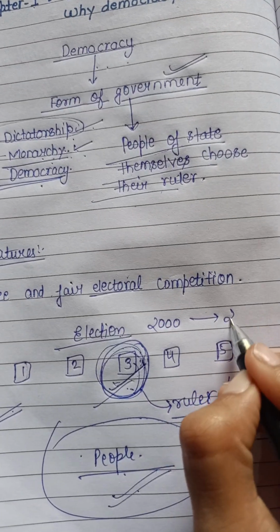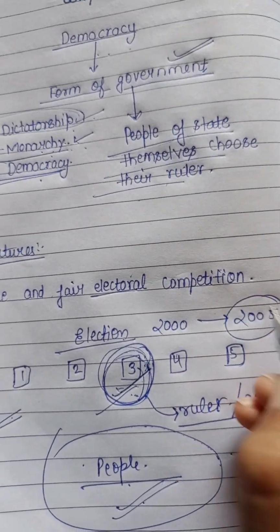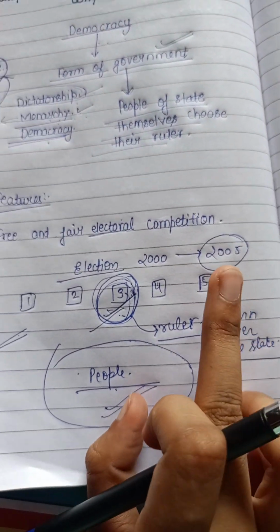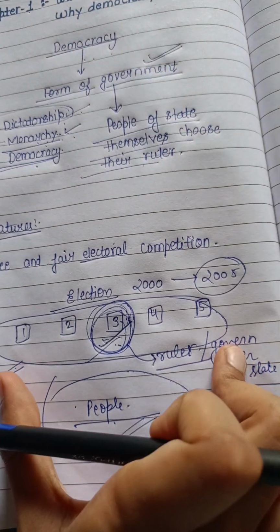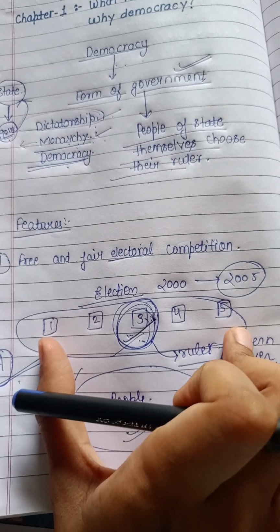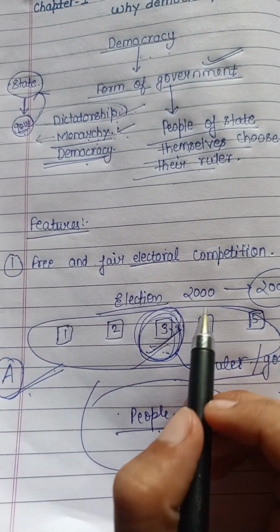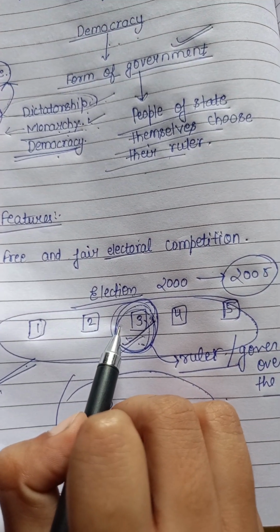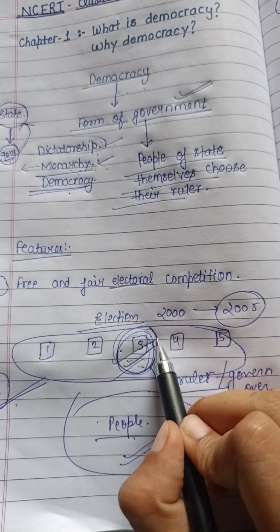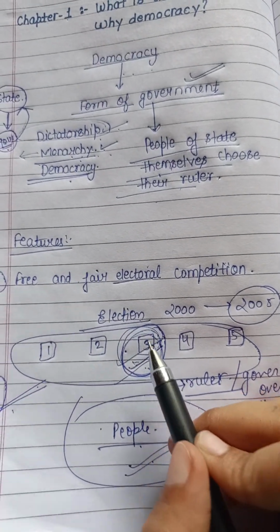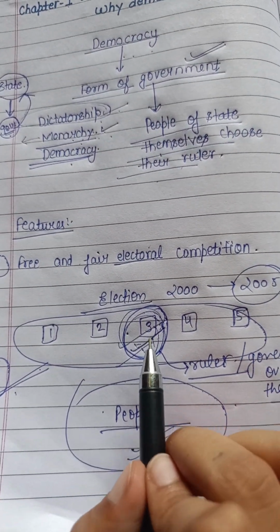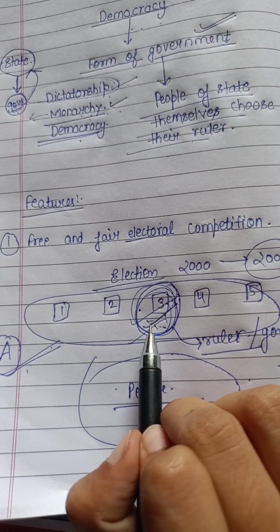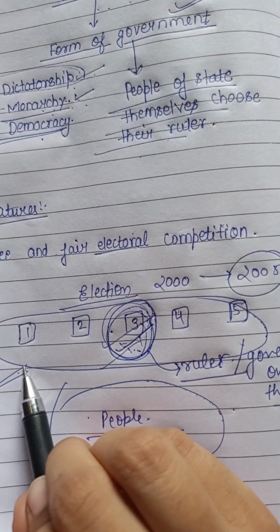After 5 years, when the election is going to take place in 2005, a fair and free opportunity should again be in the hands of all five of them. It shouldn't be like contestant 3 was elected earlier, so now there is no chance that contestant 3 will lose. There should be a completely fair chance for contestant 3 to lose the election next time and for others to win the election.